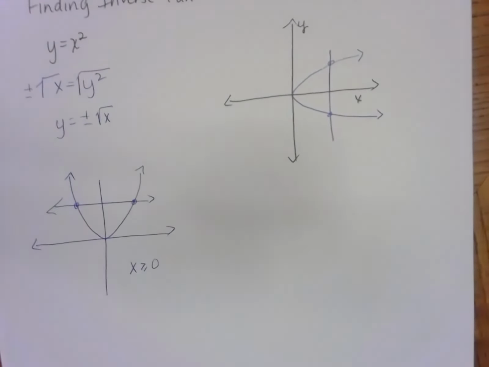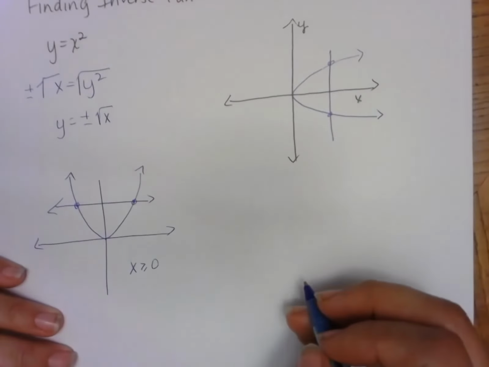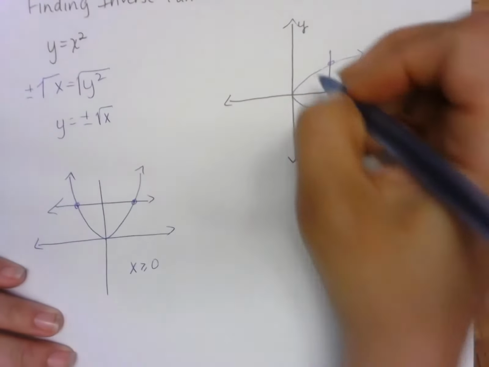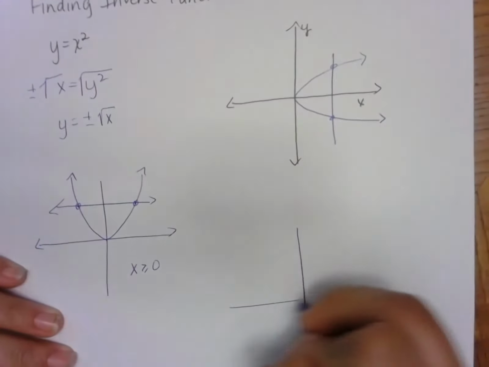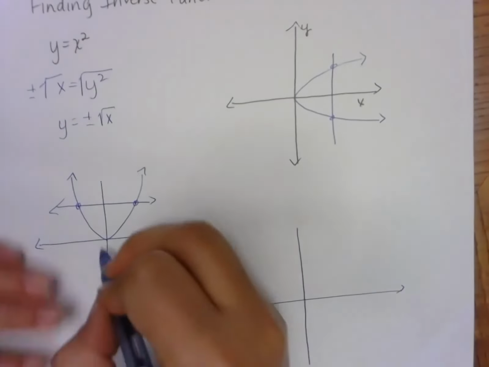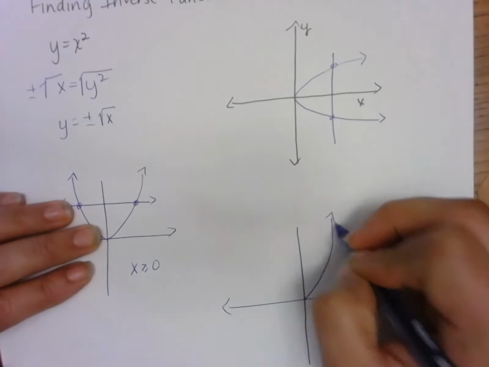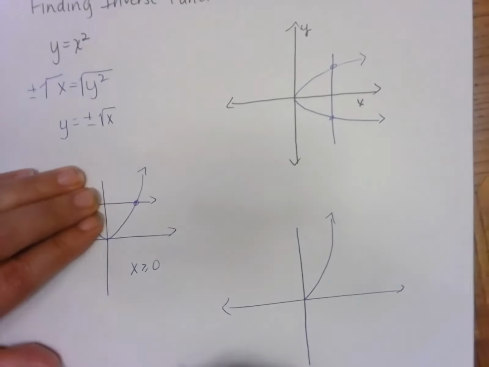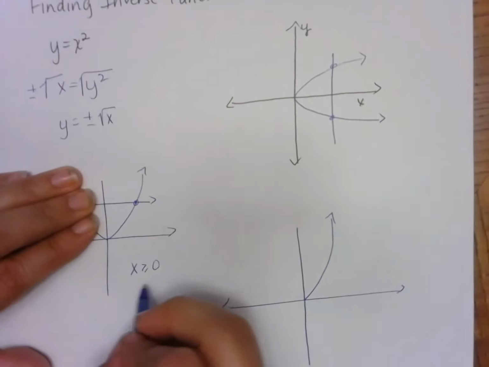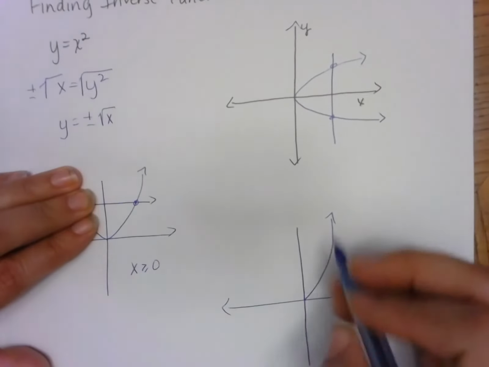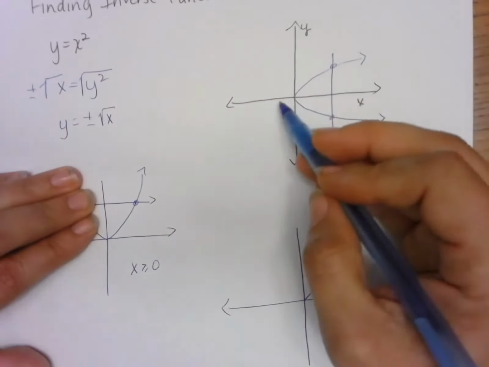Let me graph just this right half. I'm just using x squared for x greater than or equal to 0. Then the inverse is the positive piece here.